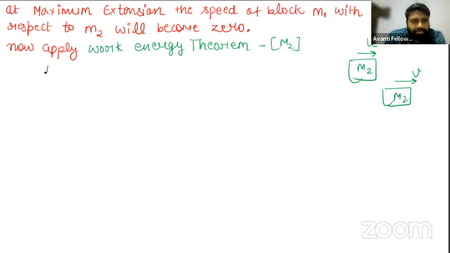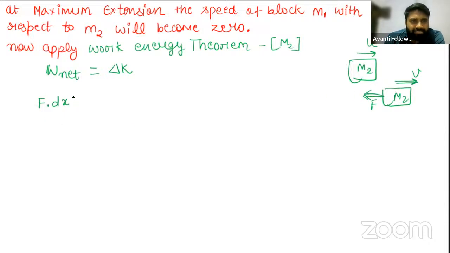So we can say that net work done is equal to change in kinetic energy. Now, work done is given by the net force, capital F, acting on it, so integration of F dot dx. But the displacement is in the opposite direction, because this block is moving in this direction and the force is acting in this direction.